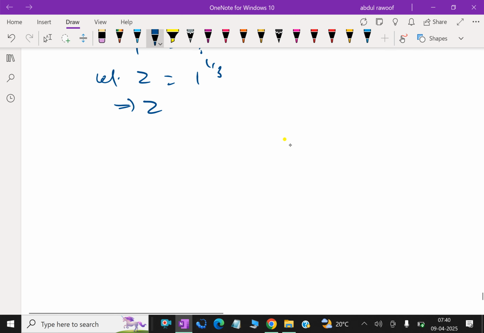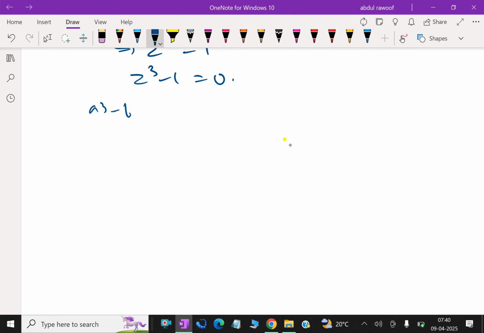From this, z³ = 1, then z³ − 1 = 0. Now we know the identity a³ − b³ = (a − b)(a² + ab + b²).